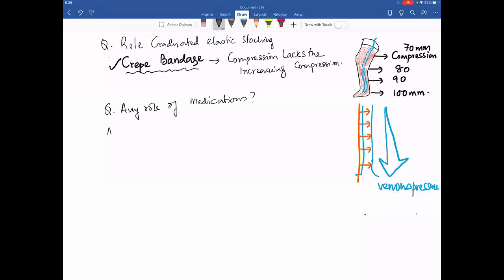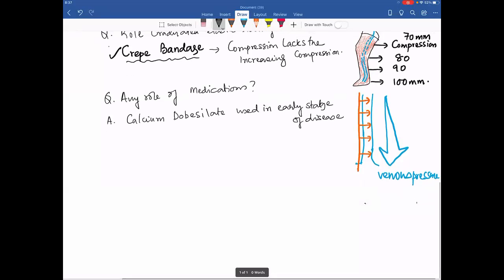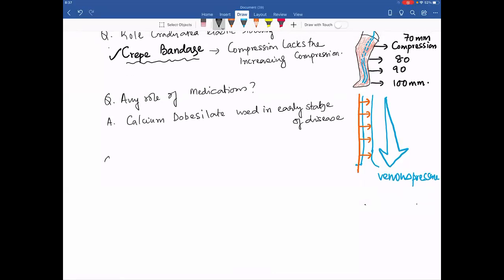Again, single line answer, calcium dobesilate used in early stage of the disease may have a role. But I do not believe in these magic things. So I only believe in surgery.